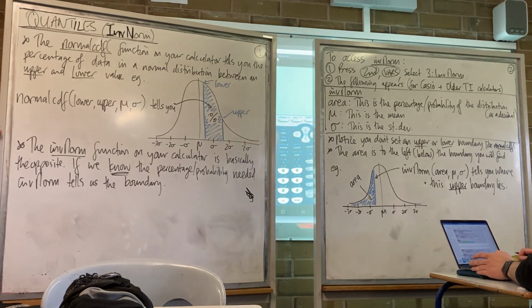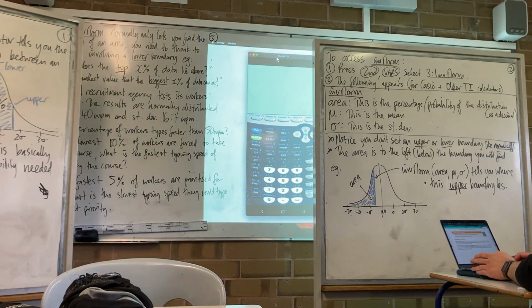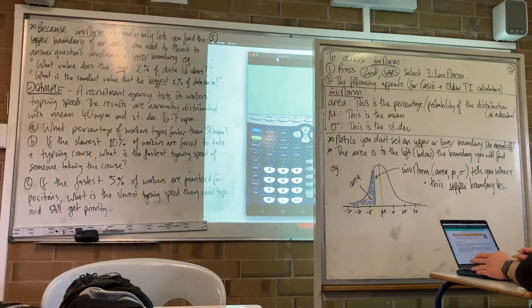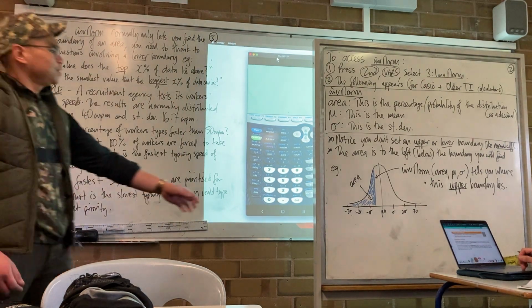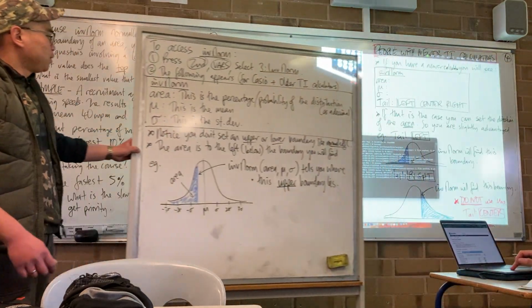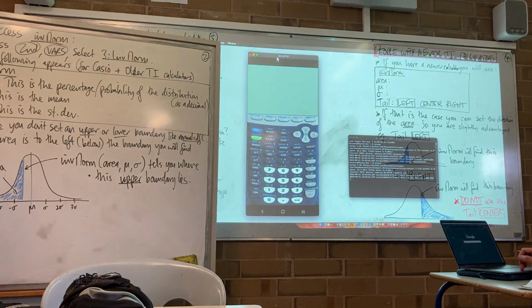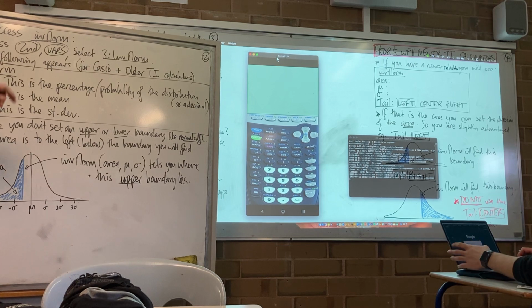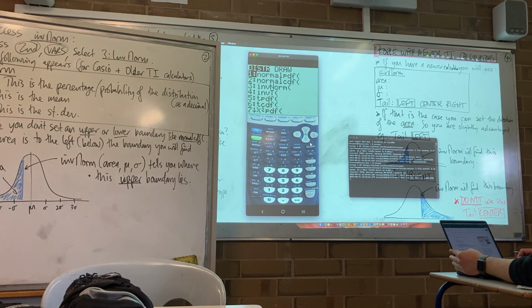I'll move this over to the side so you can get down. I just want to show you live how to access inverse normal. It's in the same place that you've accessed normal CDF. You press second vars, and 3. The third one is inverse normal.